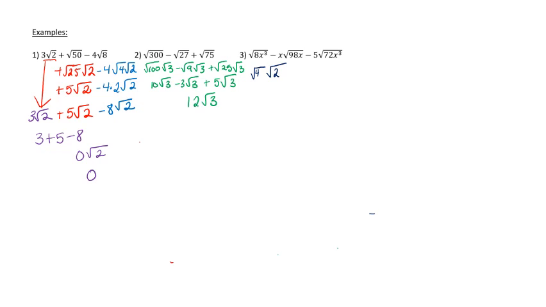X to the third is not divisible by 2, but the next one down is 2, which is, and the remainder goes here. Bring down square root of 2x. The square root of 4 is 2, and then I divide that square by 2, and I get 1. So that's 2x square roots of 2x. So again, how did I get the first 2x? Square root of 4 is 2. 2 divided by 2 is 1, and x to the first power is just x.